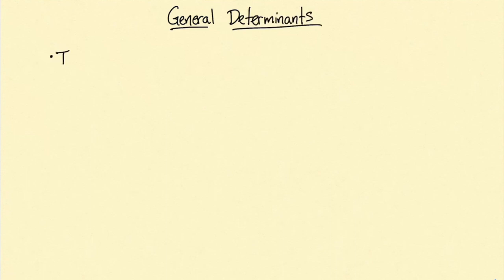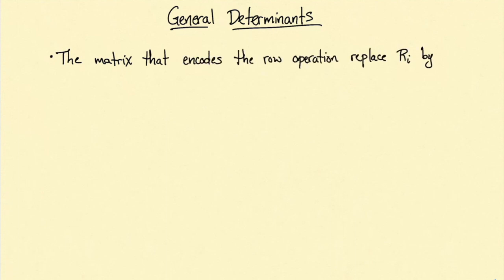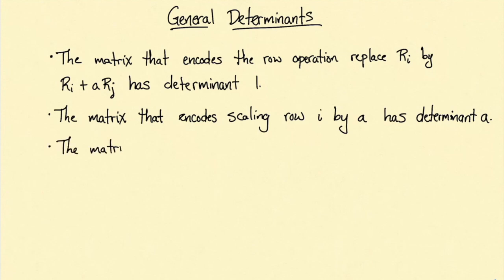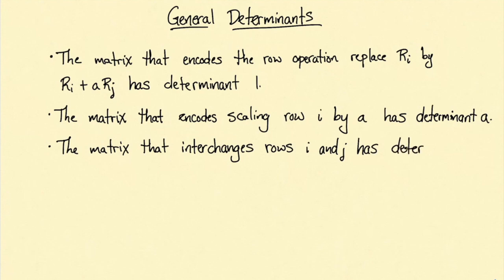The matrix that encodes the row operation replace row I by row I plus A times row J has determinant 1. The matrix that encodes scaling row I by A has determinant A. And the matrix that interchanges rows I and J has determinant -1.